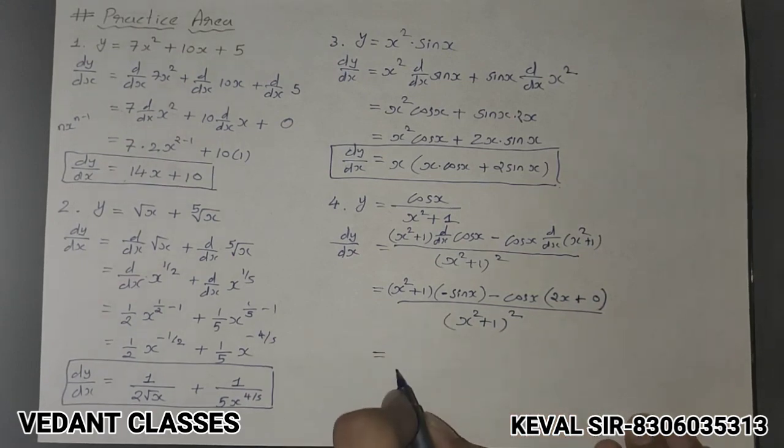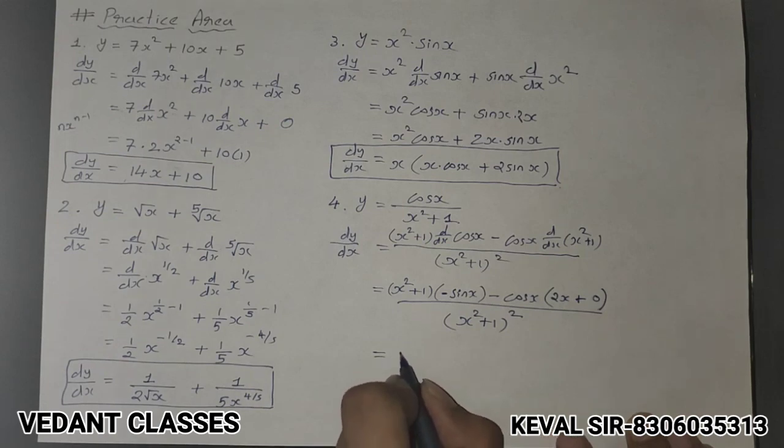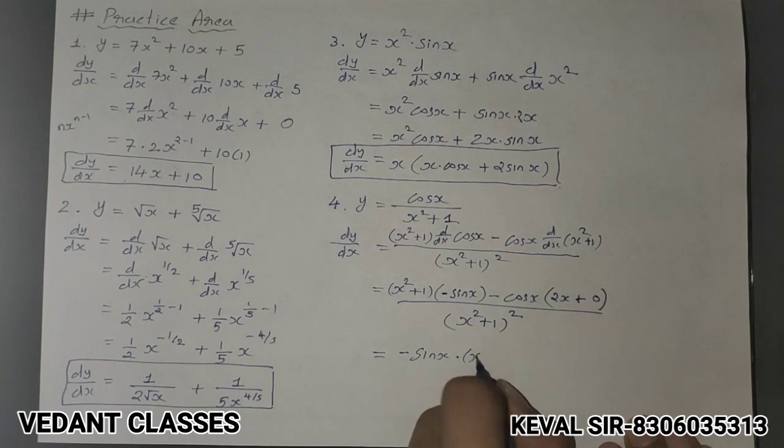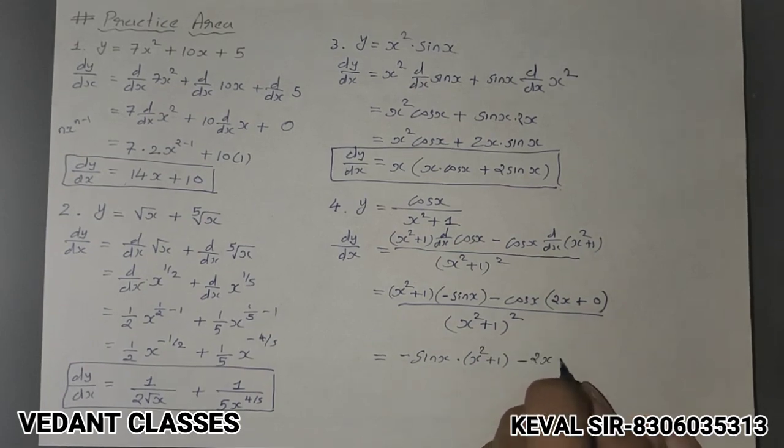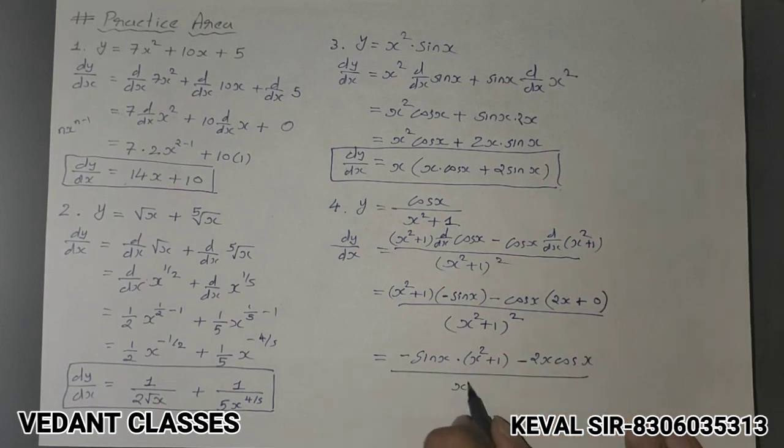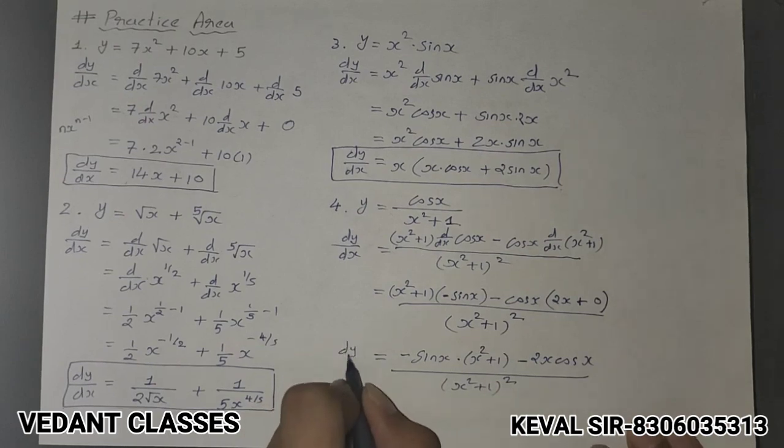So in generalized way we can write it as minus of sin x dot x square plus 1 minus 2x cos x upon x square plus 1 the whole square. So this is dy by dx.